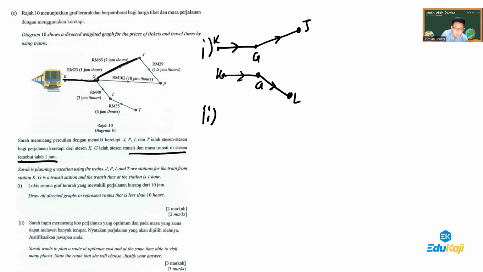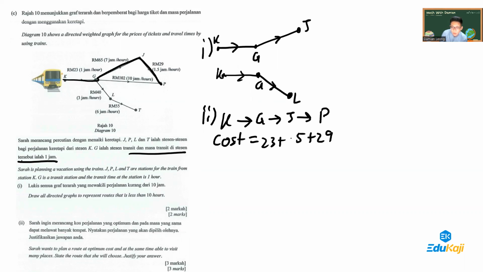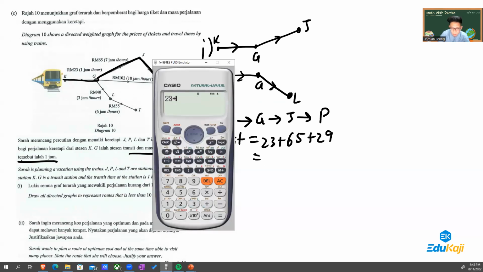So she'll probably go this way: K, G, J, P. The cost is 23 plus 65 plus 29, which is 117.